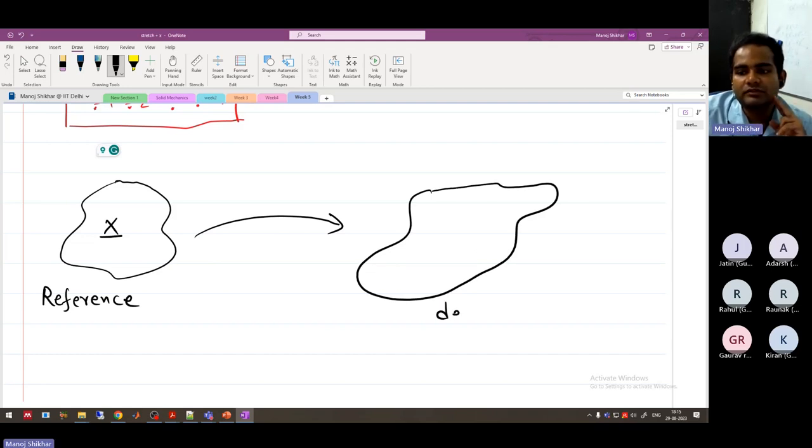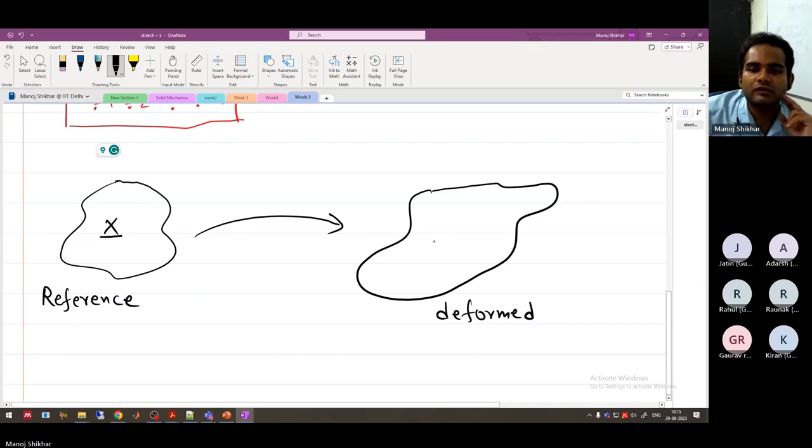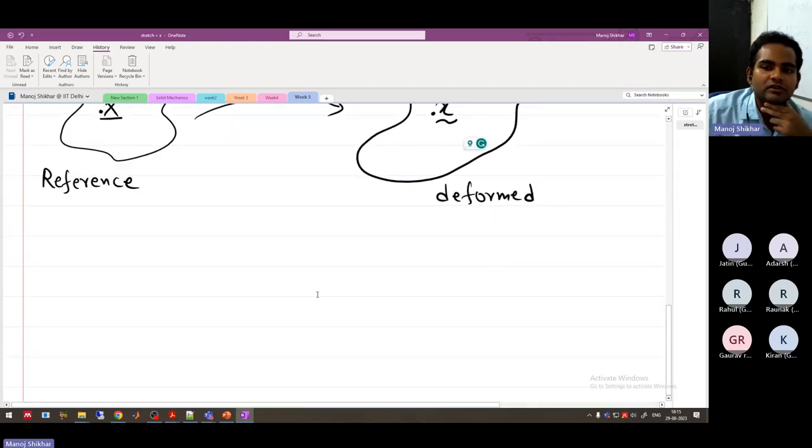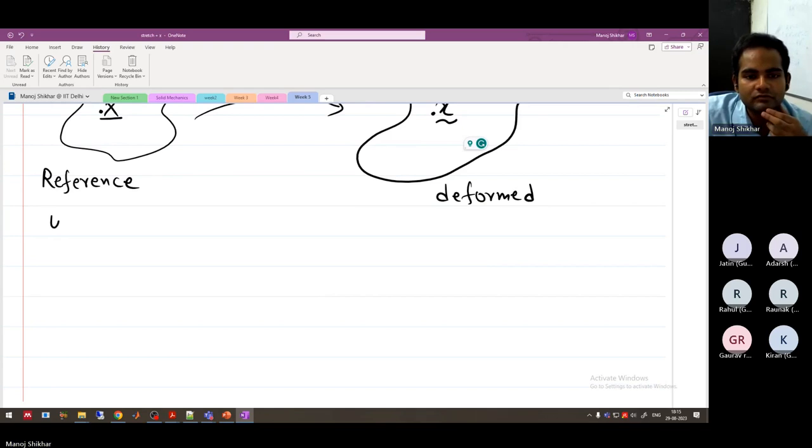This is the deformed state. Here, if I denote the same point by small x, assuming this was the point, the total displacement, which I denote by u, will be x minus capital X.